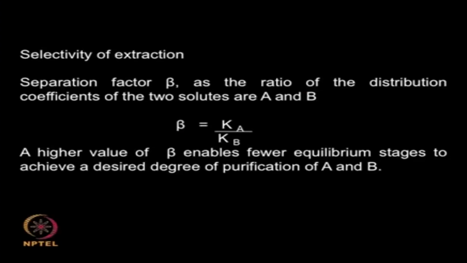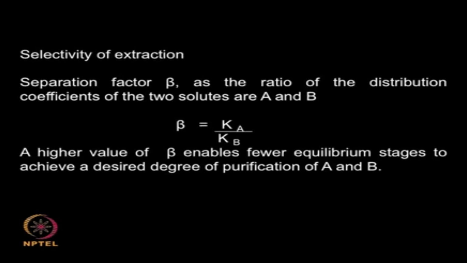Now as I said, if you take a fermentation broth, it may have several metabolites, and most of the time when you are using a solvent to recover one metabolite, more than one may also get extracted during the process. So there is something called the selectivity of extraction.